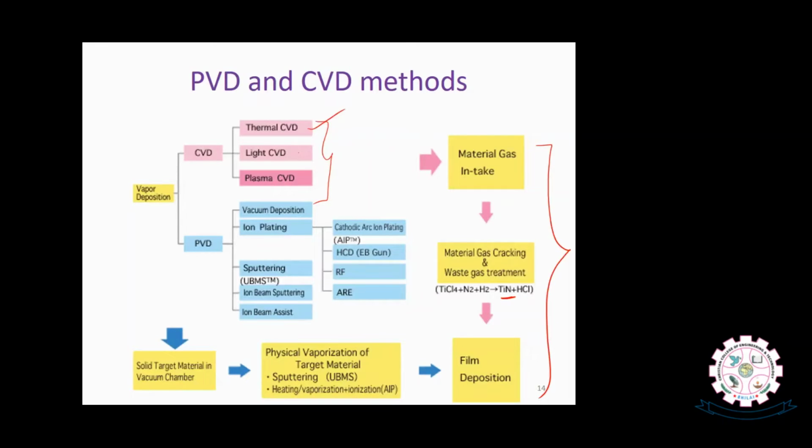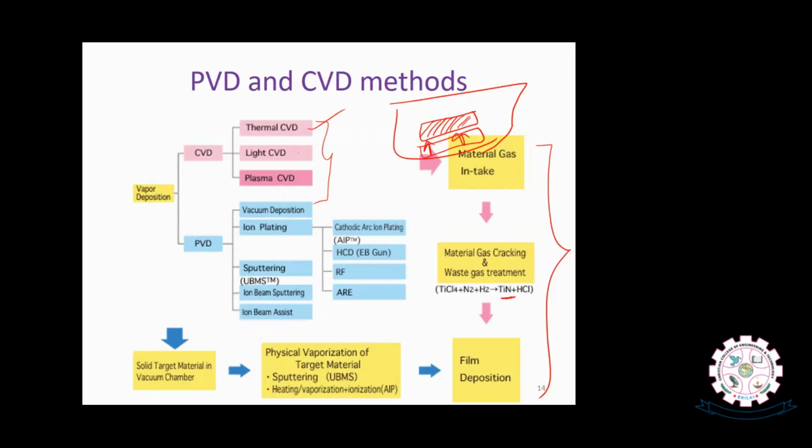Suppose I want to make titanium nitride using CVD, the chemical vapor deposition method. I take a material gas intake, and this is my chamber. This is my substrate onto which I want to put a titanium nitride coating. Underneath the substrate, there is a heater heated to a very high temperature. Why is this required?